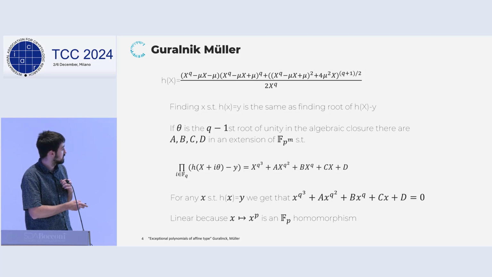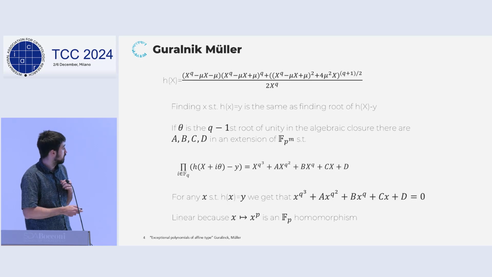Now, because taking x to the q is an F_p homomorphism, that q is p to the something. I think you called it m on the previous slide.